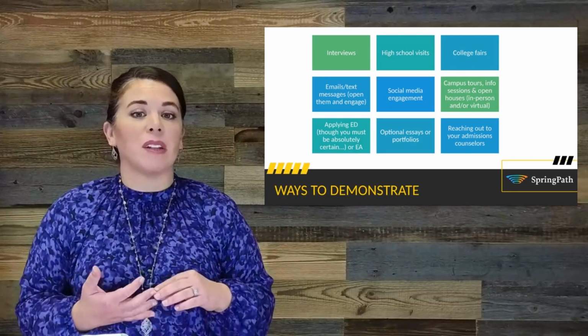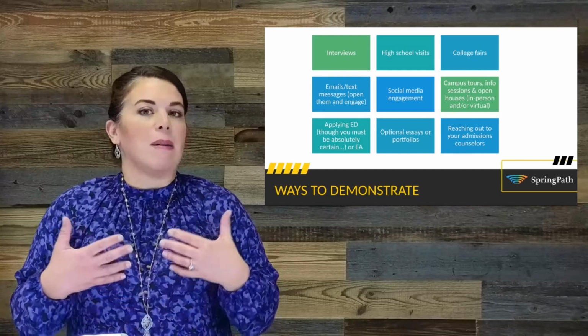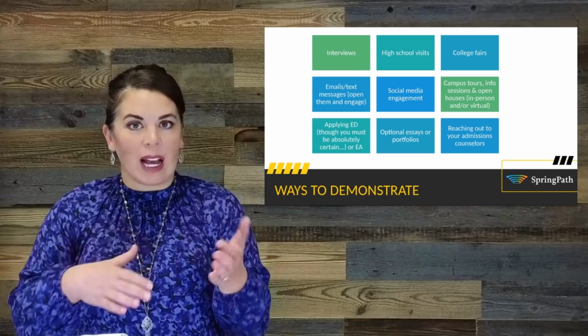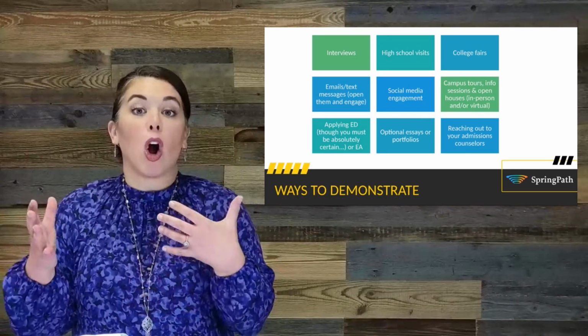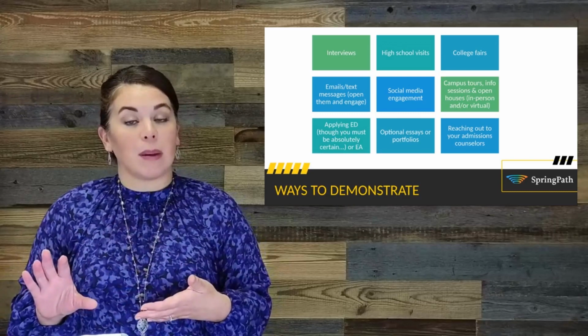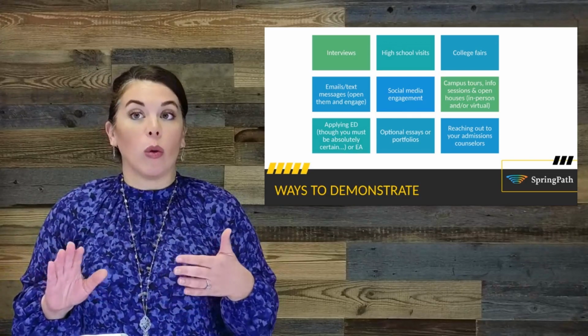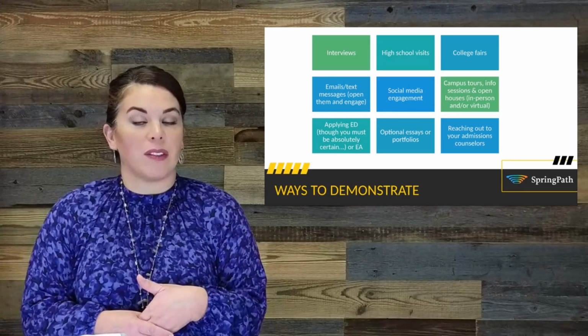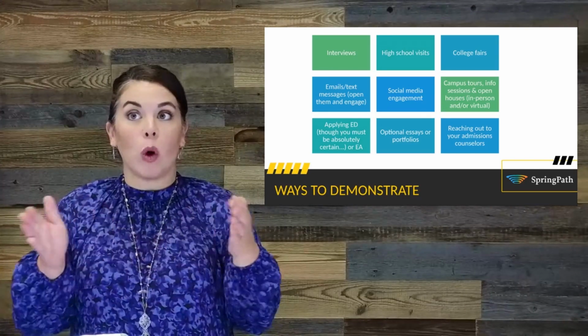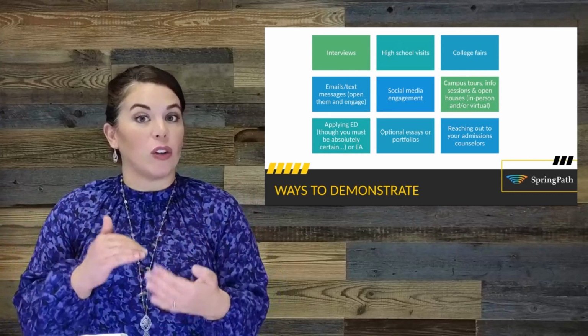All right, emails, text messages from colleges and admissions professionals at those schools that you're interested in, open them, respond. So again, colleges who are tracking demonstrated interest will know if you've opened the emails that they sent. They'll know how many times you opened an email. They'll know once you opened that email, did you click on links? Did you engage?